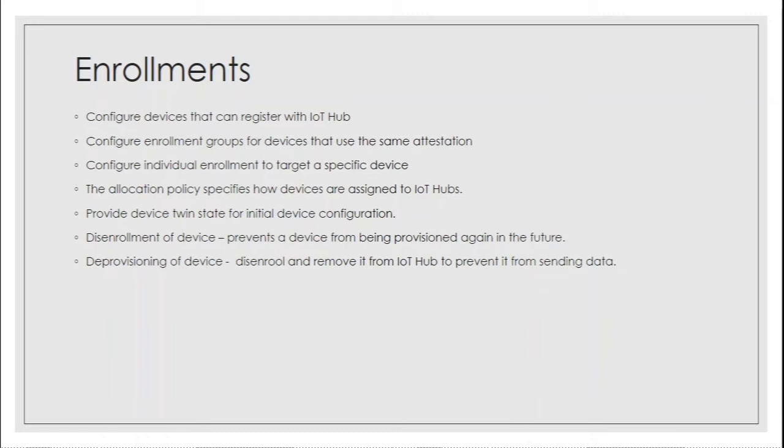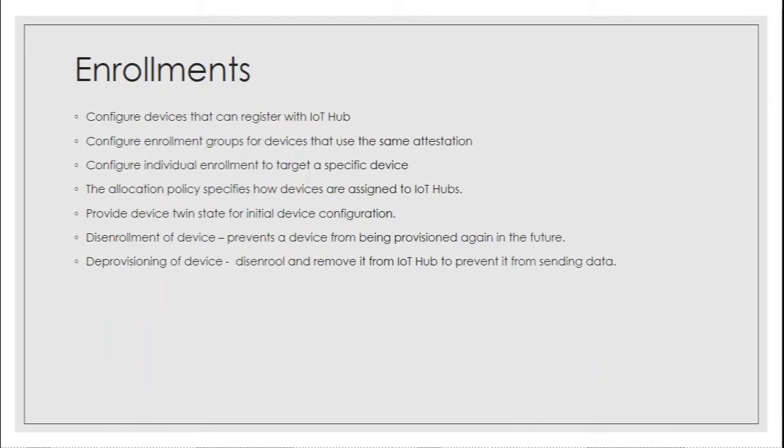Okay, so let us say I have device 1 which is registered with IoT hub 1, and now I have configured it for disenrollment. So in future, if device 1 is trying to register itself with IoT hub 1, it will not be able to register. But in our scenario, since it is already registered, it will still be able to send data to the IoT hub.